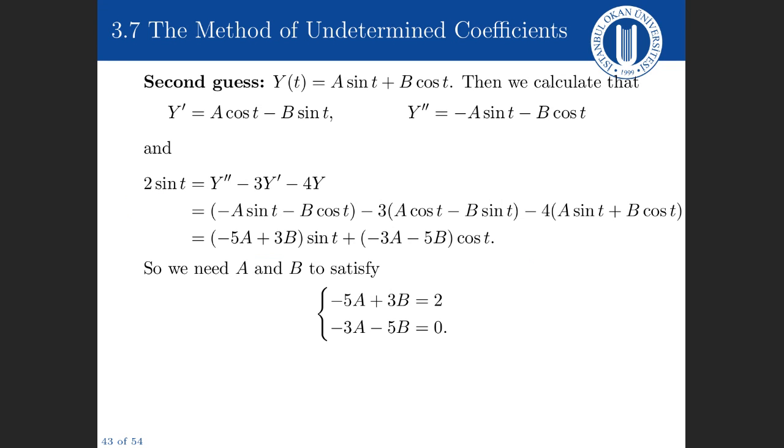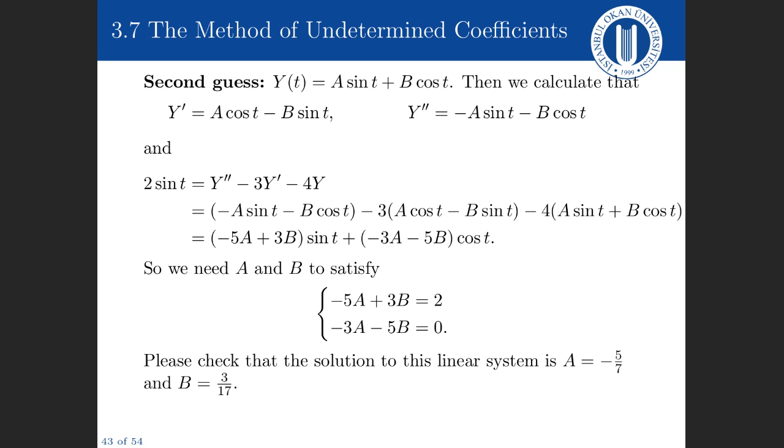So A and B must satisfy the linear system. Minus 5A plus 3B is equal to 2, and minus 3A minus 5B is equal to 0. This linear system is consistent and we can find a solution.